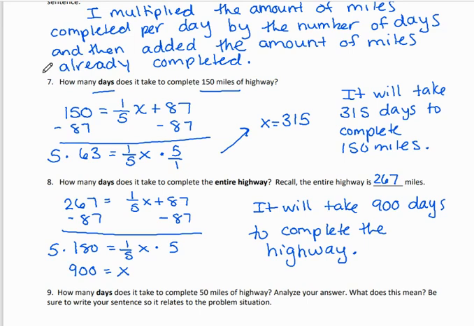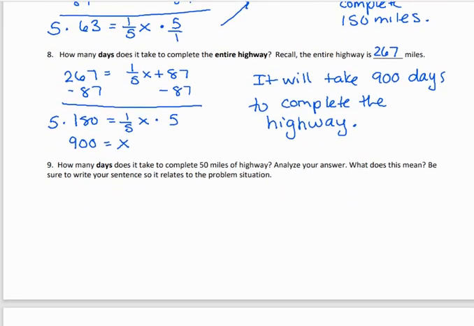All right. I'll keep scrolling. If you're still copying, I'm not going to completely move it, but why don't you guys try number 9? So number 9 says how many days until 50 miles are completed. So try that one and let's see what we get, and we'll analyze that one. Okay, so go ahead.